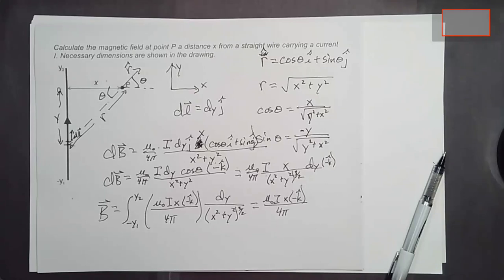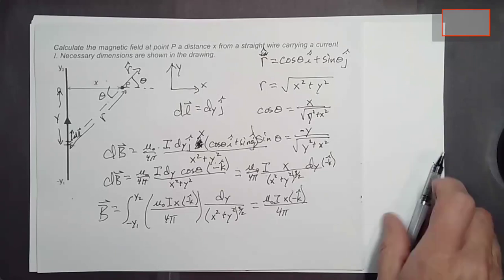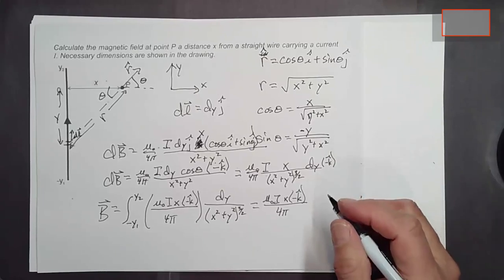Appendix E. Okay, for my book, it's appendix A4. It's one of the integrals. It's got dx over a squared plus x squared to the 3 halves. For us, it's going to be the other thing.